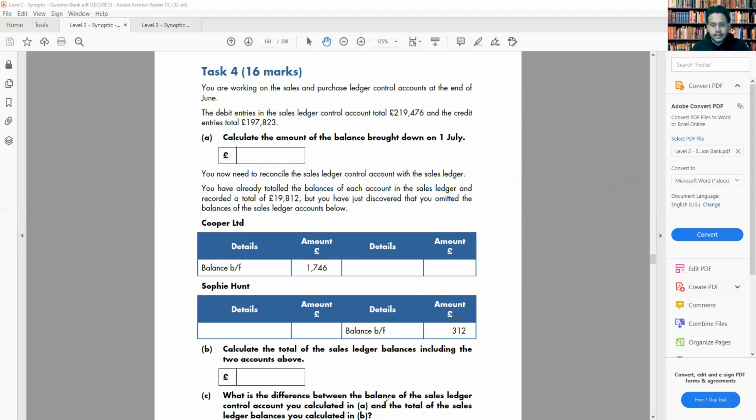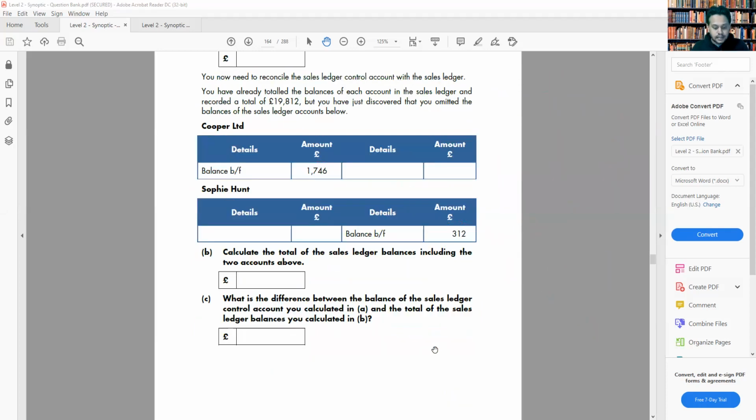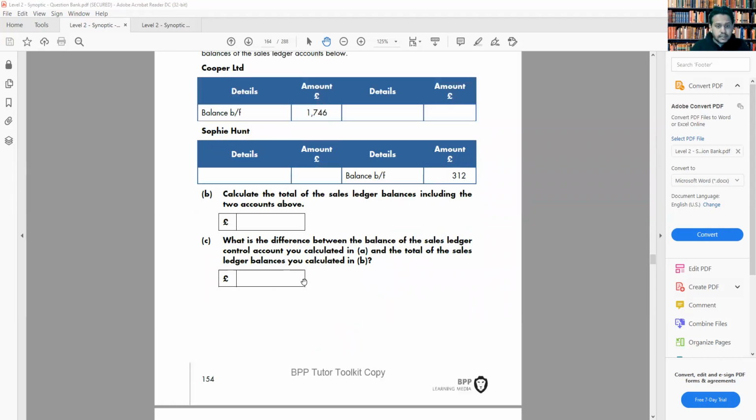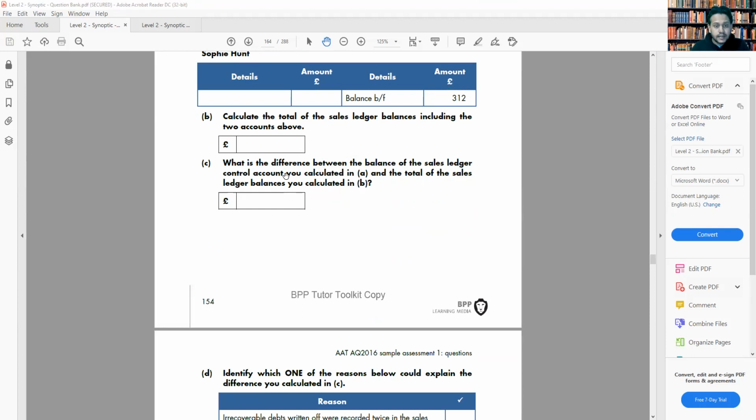All right, the next one, number C, is asking what is the difference between the balance on the sales ledger control you calculated in A and the total on the sales ledger you calculated in B? That's quite simple, isn't it? In A we had a balance of 21,653, and in B we had 21,246.